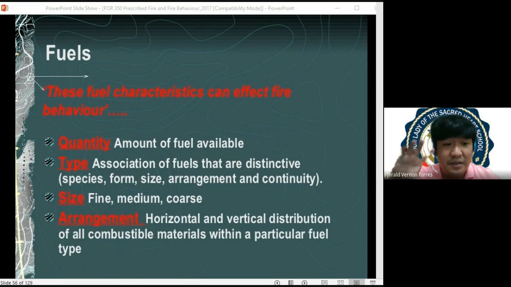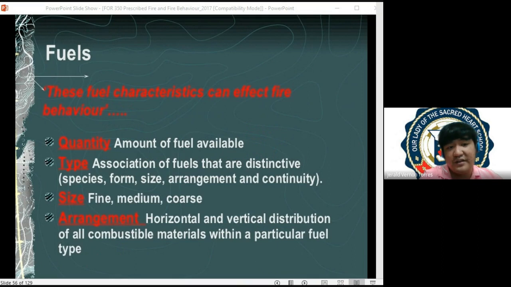Now, let us examine our fuel. Remember that wildfire also depends on fuel. It would depend on the quantity of fuel, how much fuel is present, and what type of fuel is present. As I said, in the forest or in the environment, there are many fuels available to cause fire.